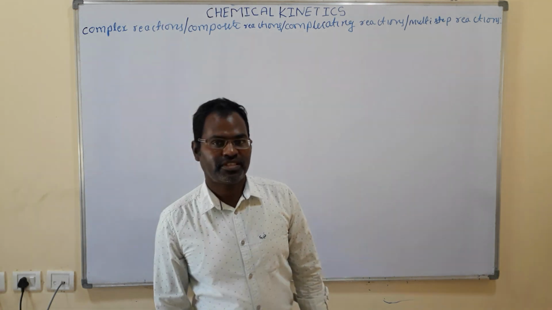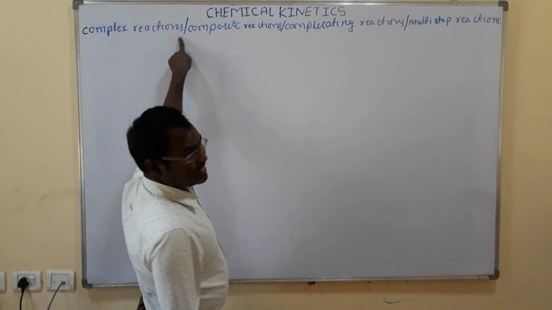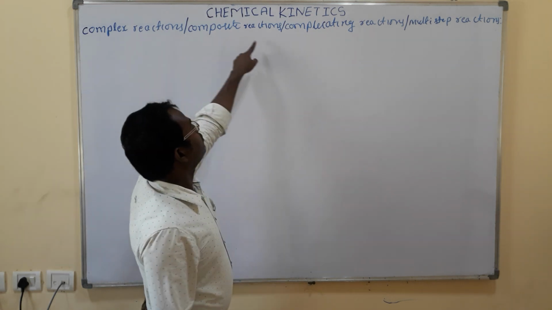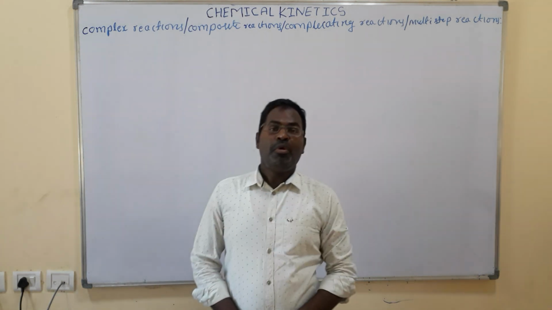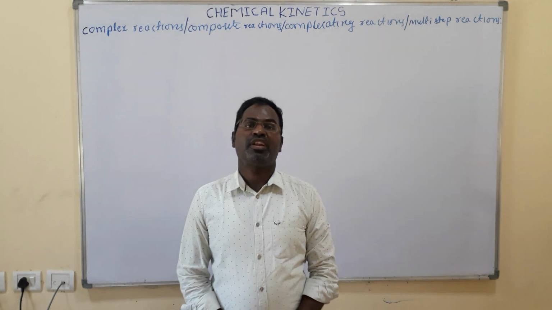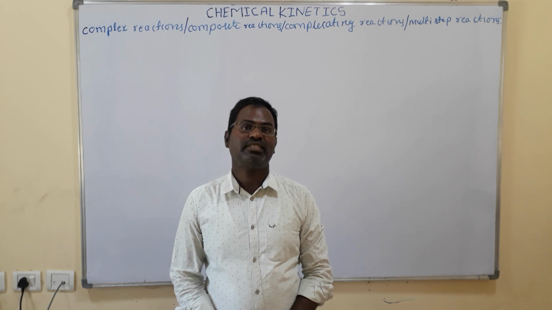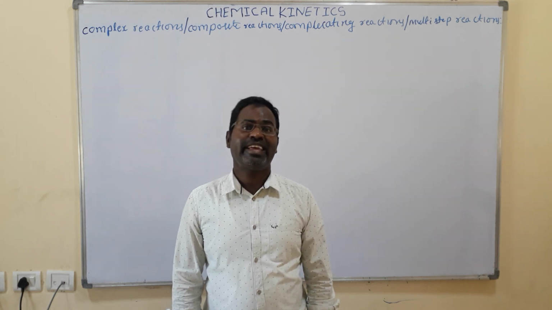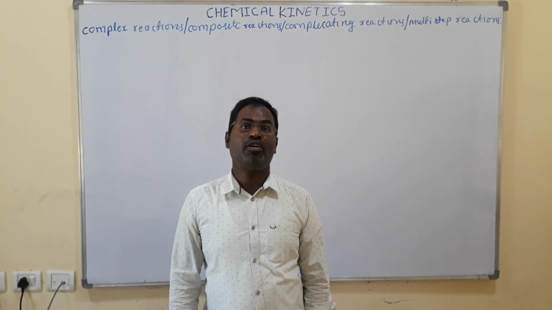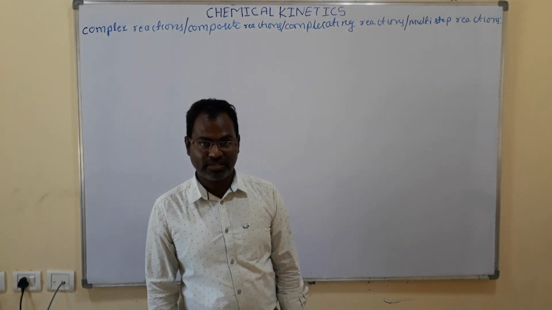Today we are going to discuss complex reactions, otherwise called composite reactions or complicating reactions. Generally, most chemical reactions are not simple and straightforward. Instead, several other reactions take place simultaneously along with the main reaction.